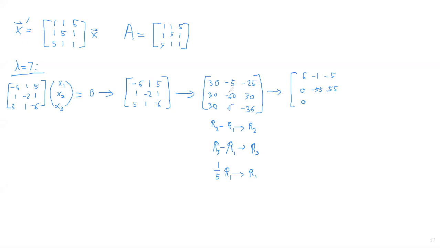R3 minus R1. No. Sorry, yeah, R3. 11, -11. Okay. 11, -11. And -55 and 55 and 11 and -11, they're proportional. Rows 2 and 3 are now proportional to each other.